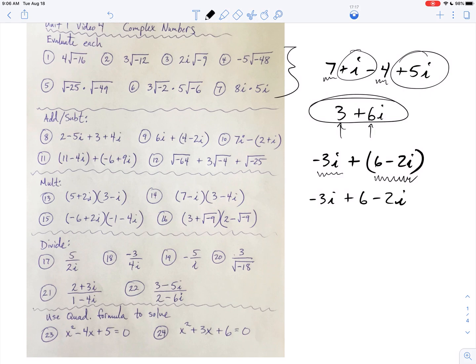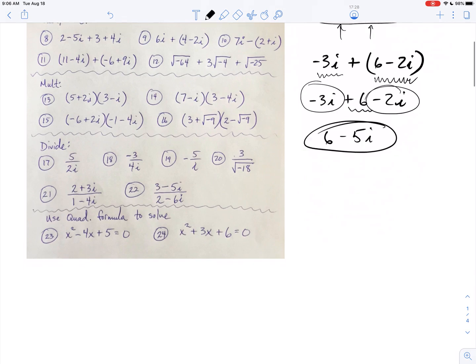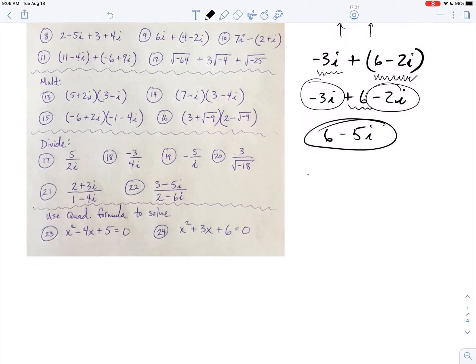And then you go, hey, there's nothing to combine with this guy, so it's 6. These two pieces go together because I'm going to combine like terms, so my answer is 6 minus 5i. Adding and subtracting. So once again, let me show you this. What if they gave me 4 plus i minus 7 plus 3i?